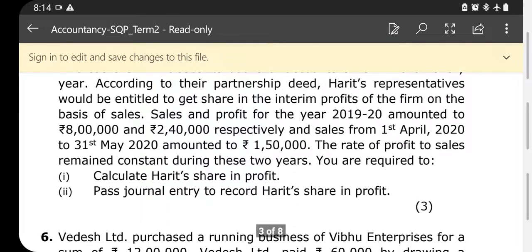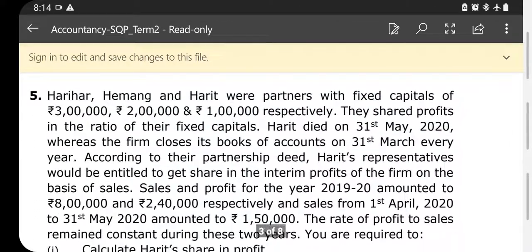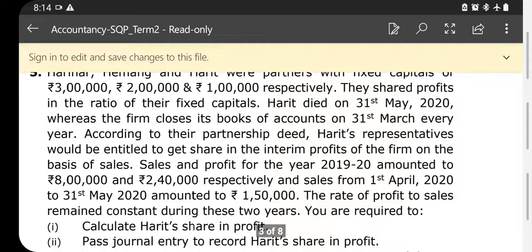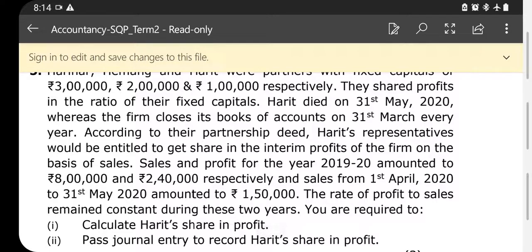Fifth question. Harihar, Hemang and Harit were partners with fixed capitals of 3 lakhs, 2 lakhs and 1 lakh respectively. They shared profits in the ratio of their fixed capitals. Harit died on 31st May 2020, whereas the firm closes its books of accounts on 31st March every year.